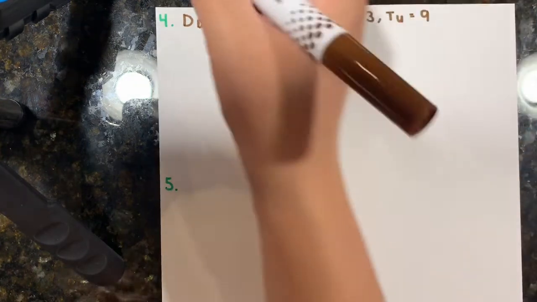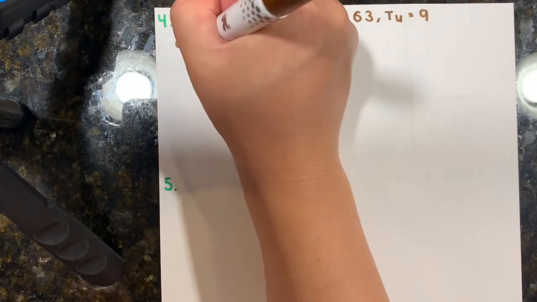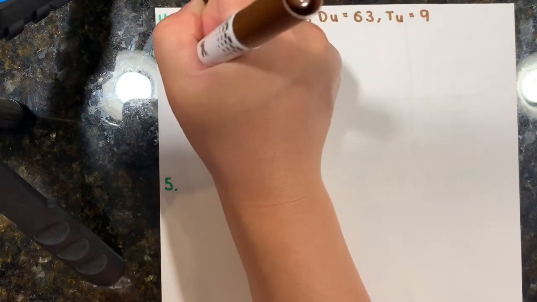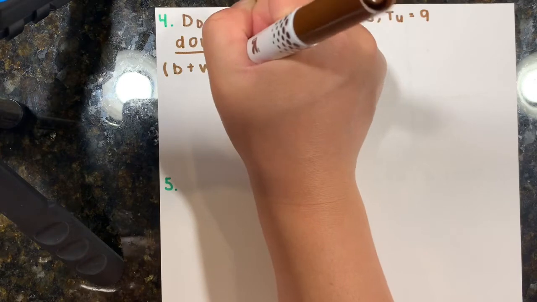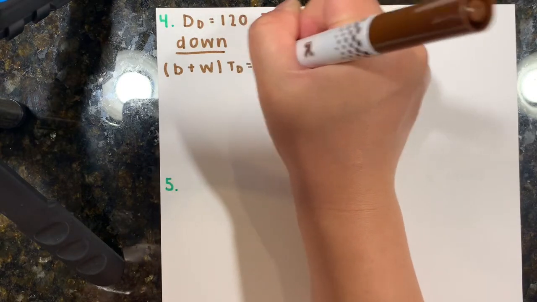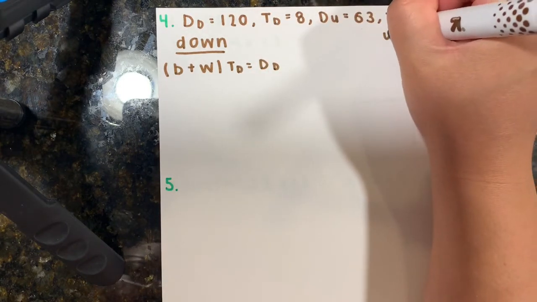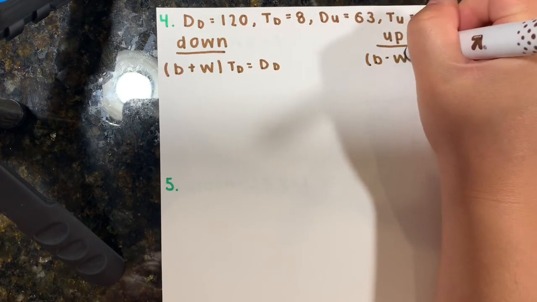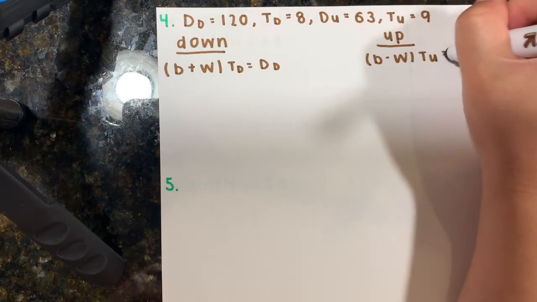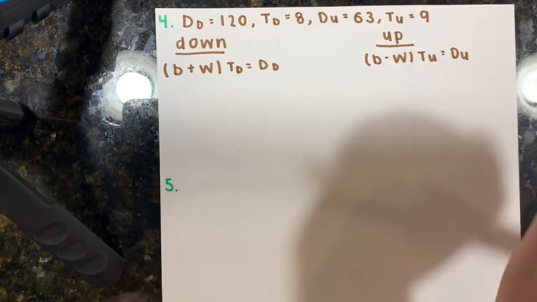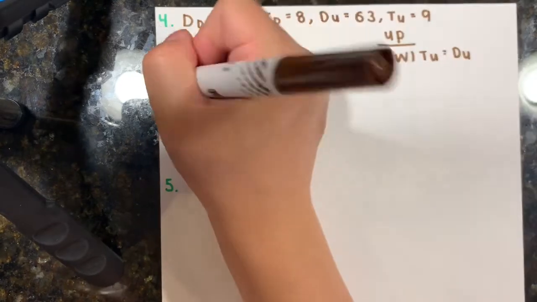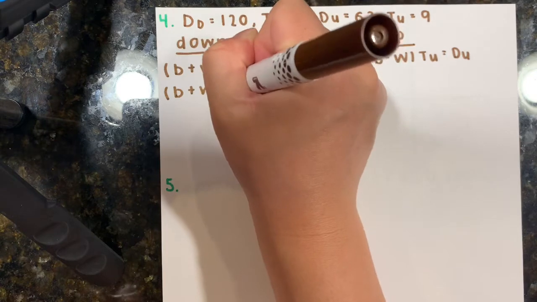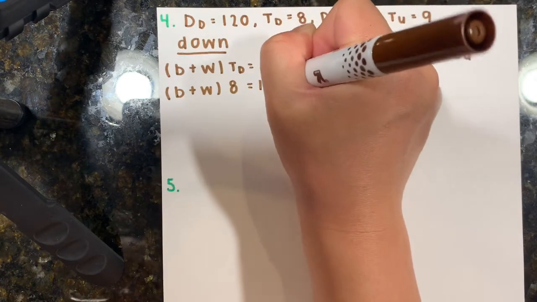So we have two formulas. We have our downstream equation, which is going to be B plus W times TD equals DD. And then we have our upstream equation, which would be B minus W times TU equals DU. I'm going to input my 8 and 120 into the first equation, so that would be B plus W times 8 equals 120.